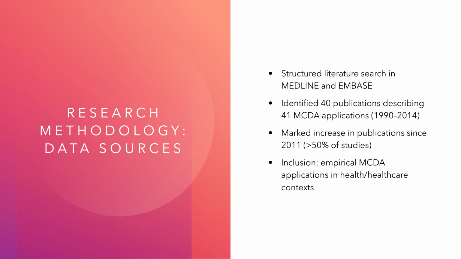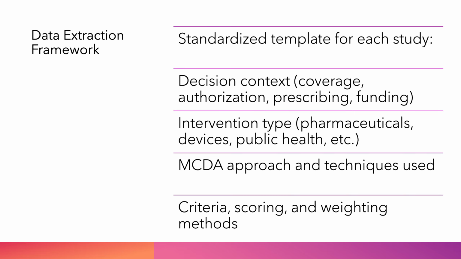So for every study they found, they pulled out the same key information, which is being used in standard templates. So that's how they extracted the data. First, what kind of decision was being made? Coverage, authorization, prescribing, or funding. Second, what type of intervention?